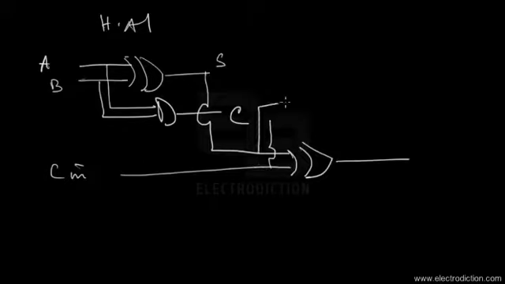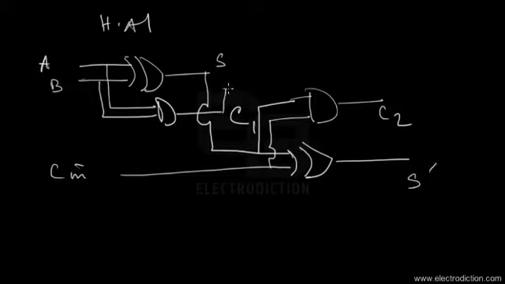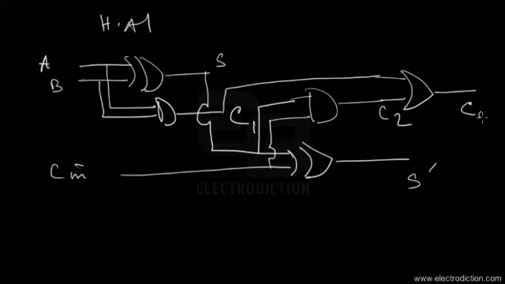So there goes the carry of the second half adder stage. Here's C2 and this is C1, and here is S dash, that's the total sum of the full adder stage. Both the carries of the two stages are put through an OR gate, and this is where we obtain our carry out. So this is basically the practical circuit of a full adder.